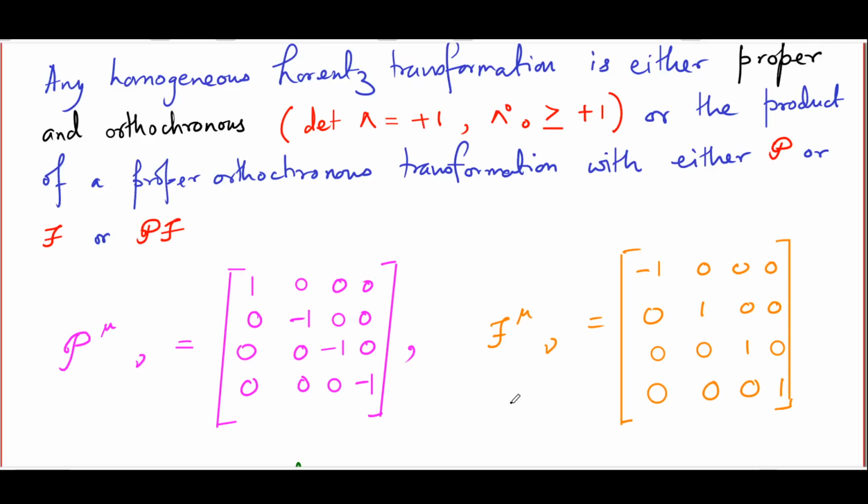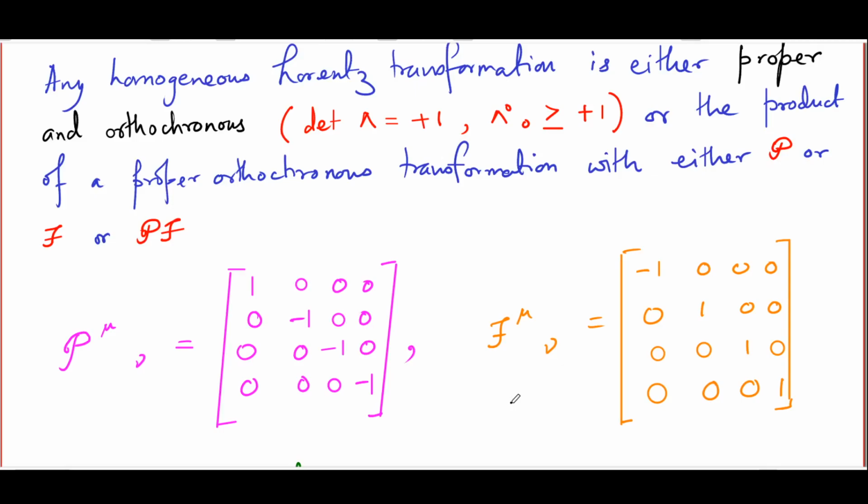Of course, the product curly P times curly T would have minus 1s right down the diagonal and zeros everywhere else. So curly P curly T is actually the negative of the identity. Now all of these are genuine Lorentz transformations, and if you combine them with a proper orthochronous Lorentz transformation, you are going to get a Lorentz transformation which is not proper and orthochronous.